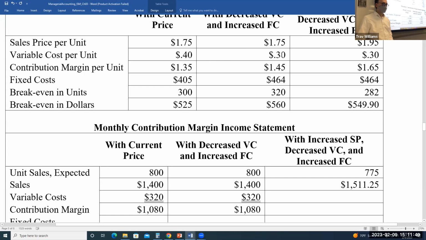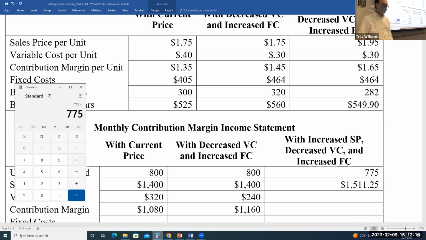And oh, I forgot. Here it's 30 cents. Okay, sorry. 30 cents, that's going to be 240. And 1,160. This also has a 30-cent variable cost, so that's also going to be 240. No, except that there are 775 units.